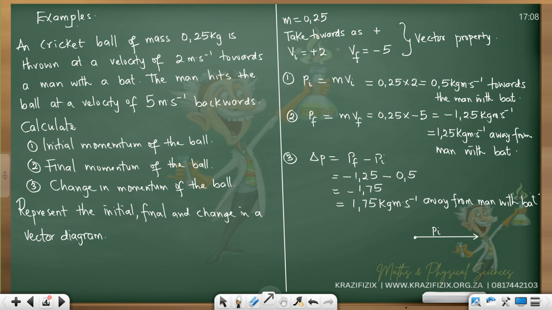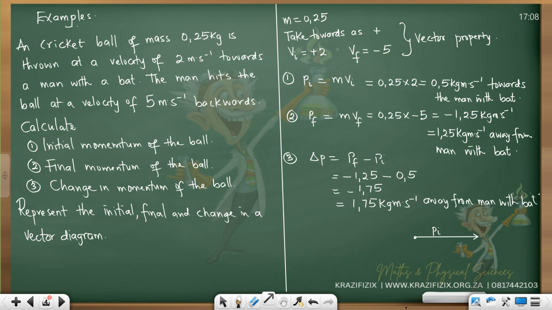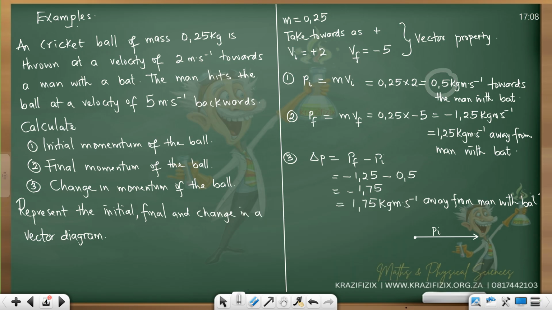My final momentum is way longer, and it's in the opposite direction. And please understand the maths here as well. Use calculations to guide yourself. Do you notice that 0,5, 1,25, and basically it's like we are adding the 2 numbers together.